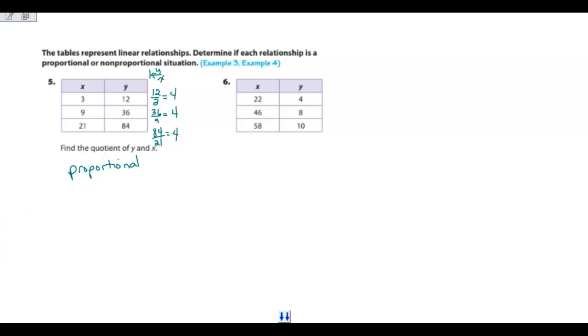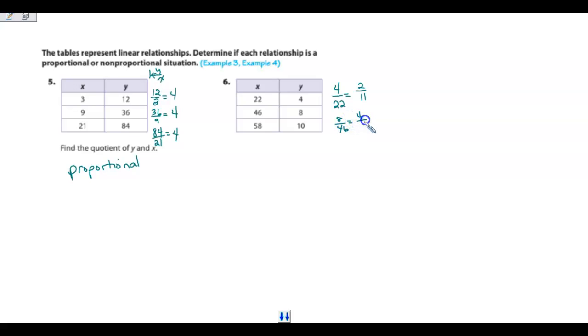Take a look at number 6. Do I have a constant? My y is 4. My x is 22. I can simplify that to 2 over 11. This one would be 8 over 46. I can divide both by 2.